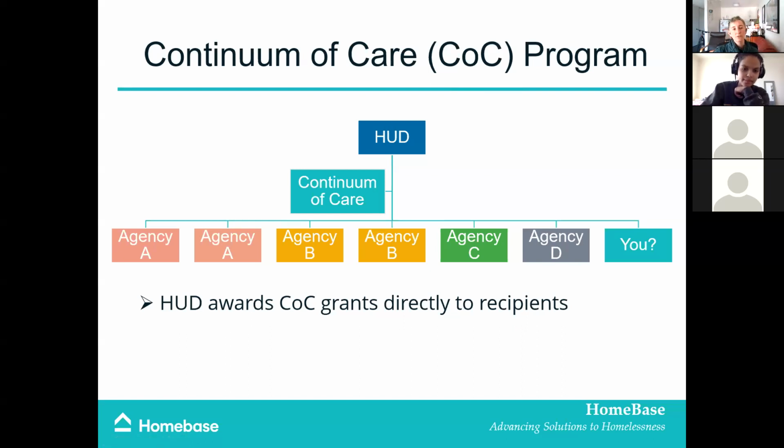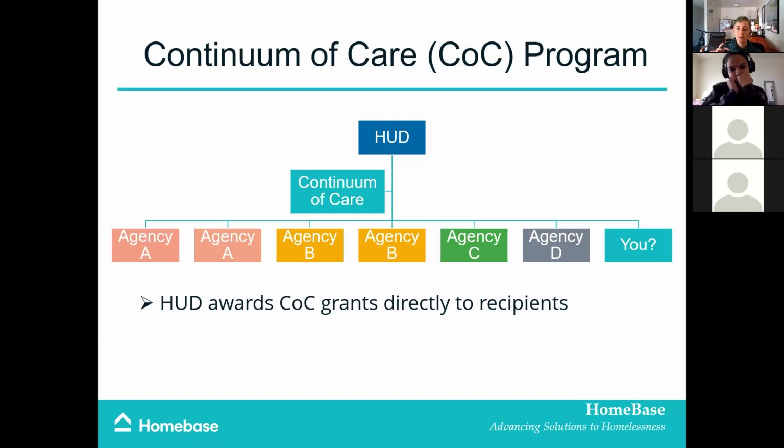Oh, that's a great question, Trudy, in the chat. So the question is, the CoC gets some administrative costs awarded though, right? The collaborative applicant, so in our case, the Office of Supportive Housing, can apply for what's called a planning grant. This planning grant is non-competitive.